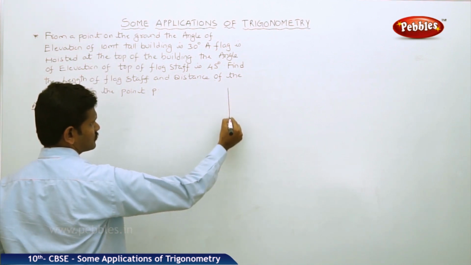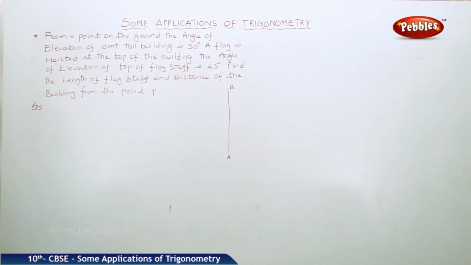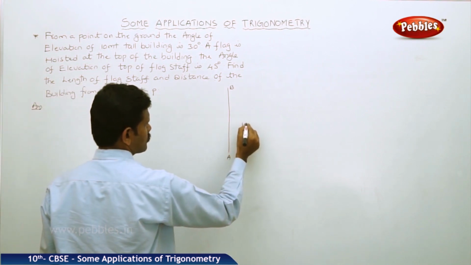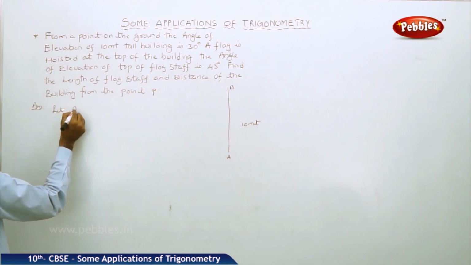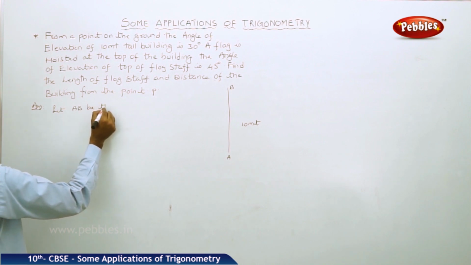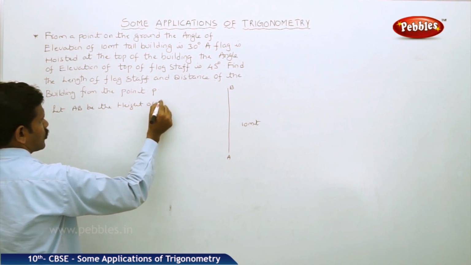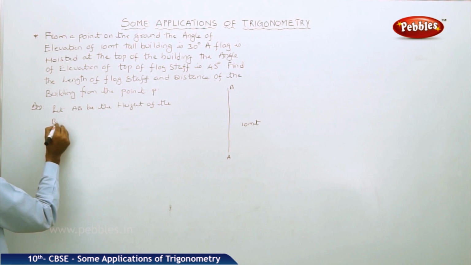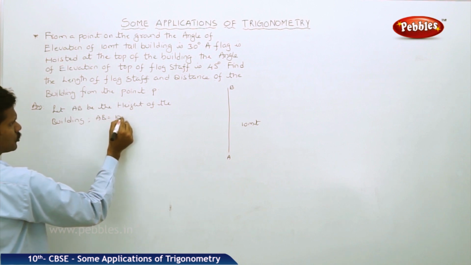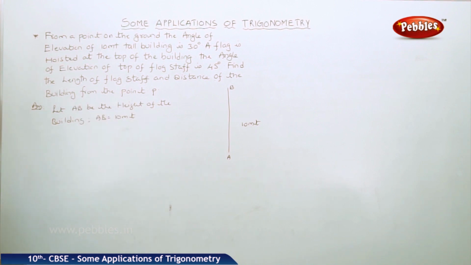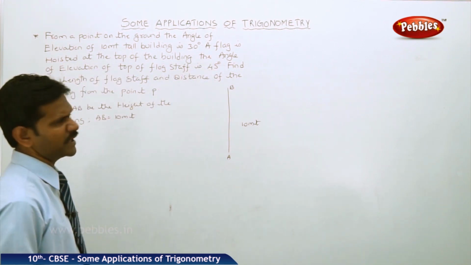Now, from a point on the ground, the angle of elevation of a 10 meters tall building. Let AB be the height of the building, and AB is equal to 10 meters. A flagstaff is hoisted at the top of the building.